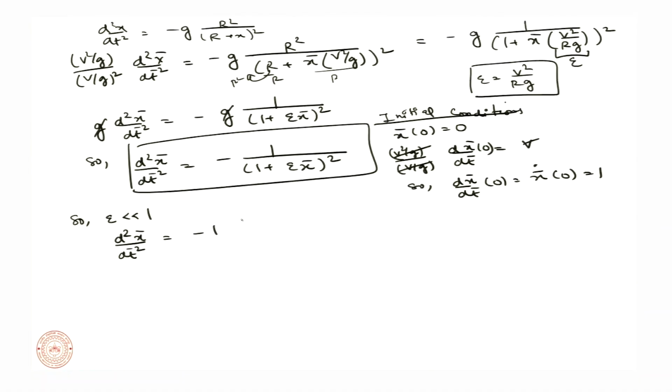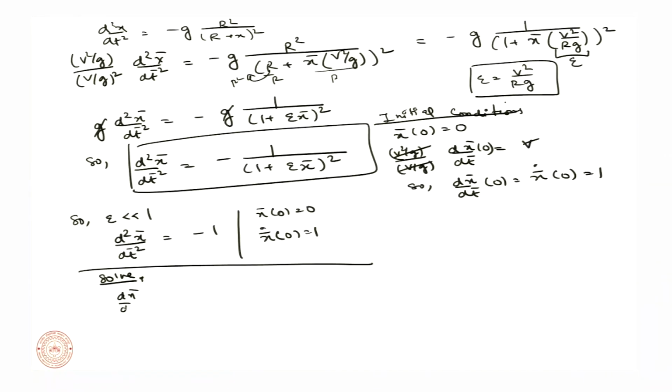So, if we solve this, again our initial conditions are x bar 0 is 0, x bar dot 0 is 1. So, let us solve this. What do we have? We have dx bar by dt bar, integrating once, equals minus t plus c1, then integrating again, x bar equals minus t squared by 2 plus c1 t plus c2.